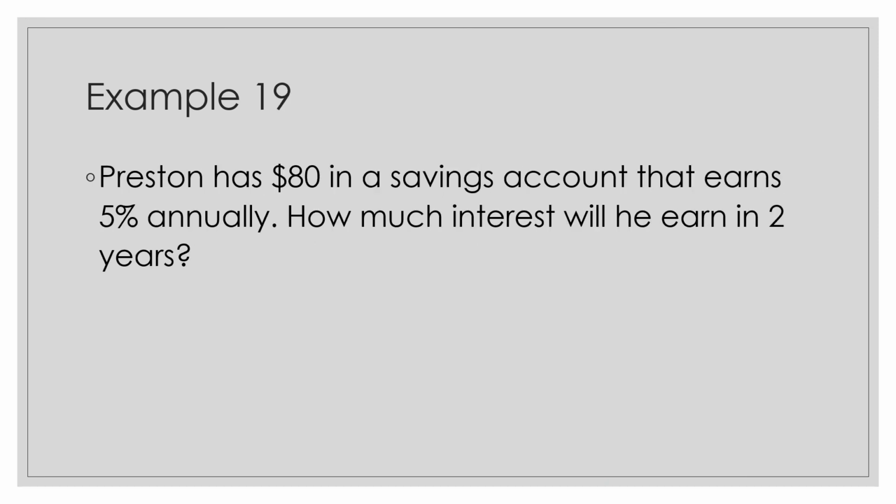Preston has $80 in a savings account that earns 5% annually. How much interest will he earn in 2 years? Okay, so we're using our simple interest formula of I equals PRT. So we're solving for how much interest.